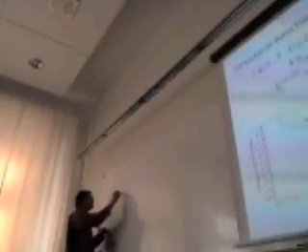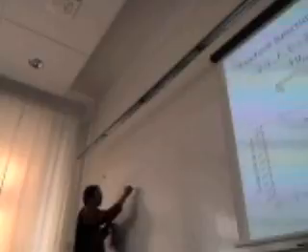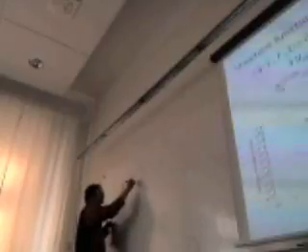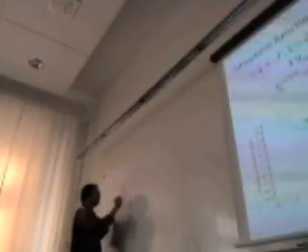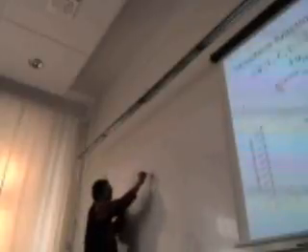Then you construct structure functions by taking this to the power p and averaging. It's these structure functions which show the scaling behavior of turbulence. So basically they scale as r to the power zeta p.